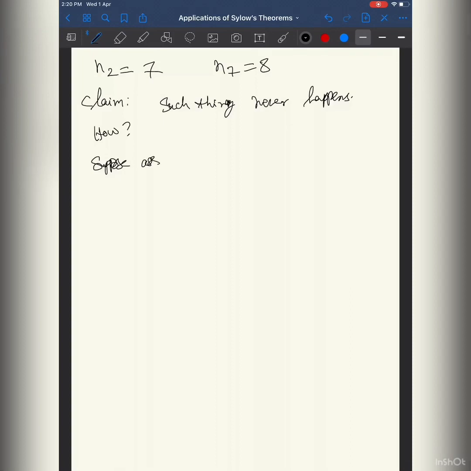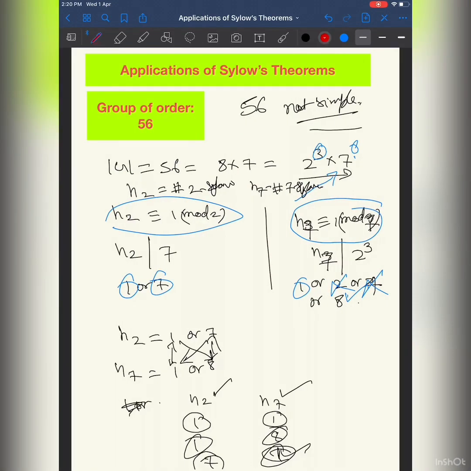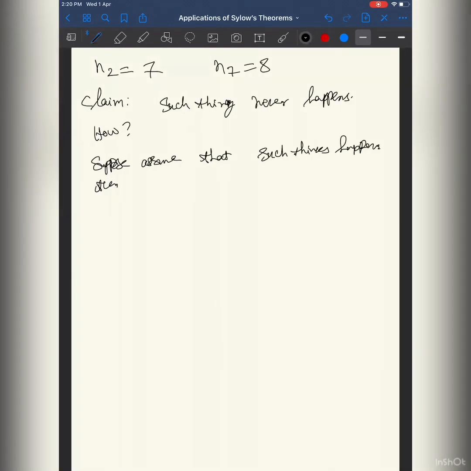Suppose we assume that such a thing happens, then we will start counting, because both are prime order groups. This is very important. The numbers 2 and 7, and the 7 especially, is prime, and I wanted to count from there.